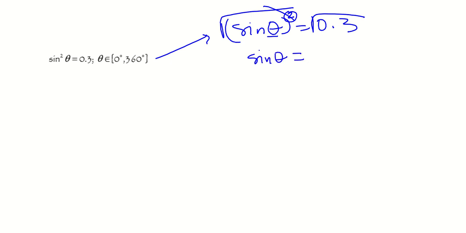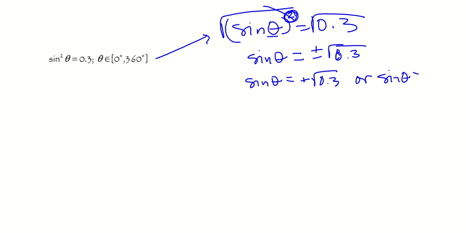But I have to consider that because this was squared and squaring makes it positive, what it equals could be positive or negative. So I get plus or minus the square root of 0.3. Well, that gives me two equations: the sine of theta is the positive square root of 0.3, or the sine of theta is the negative of the square root of 0.3.